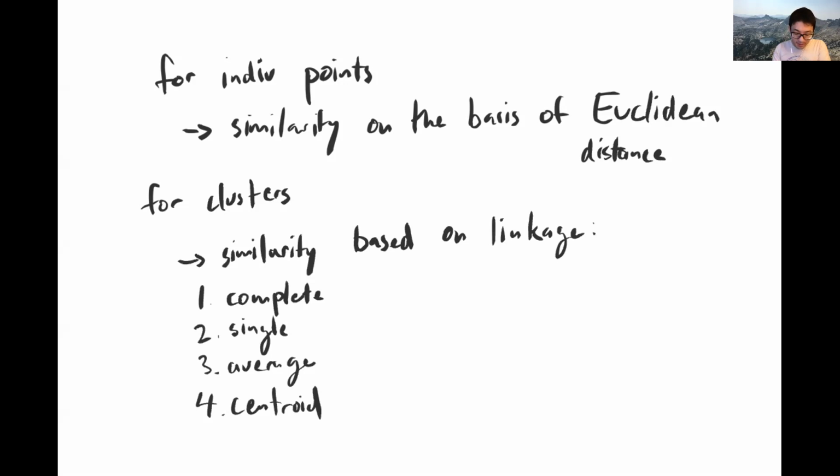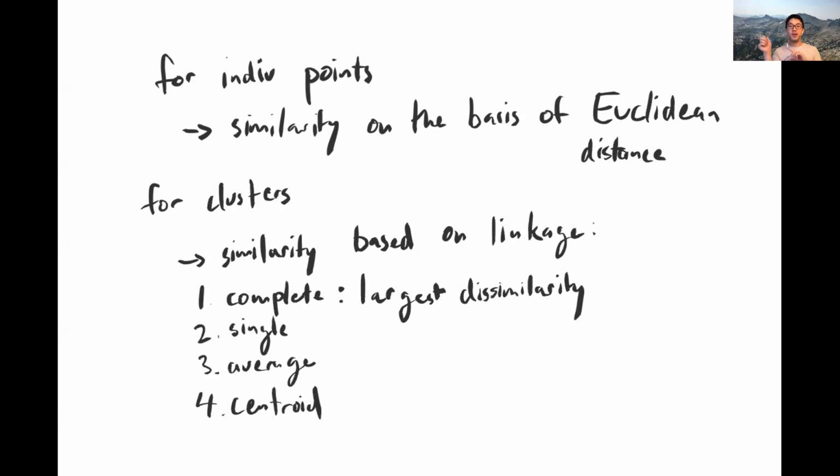Complete, so the way complete works is largest dissimilarity. Okay, so I have a bunch of points in my cluster and I'm comparing it, let's say I'm just comparing it to one other point. It is going to do the distances of all of the points in the cluster compared to that one point.